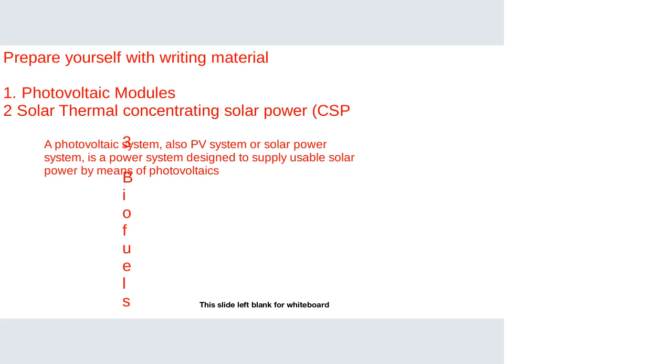That is the general description of a PV system. So in case of an exam, you're told to define what a PV system is, you use your own words to say this. You describe it just like I've stated here, that a PV system is a power system designed to supply usable solar power by means of photovoltaics.